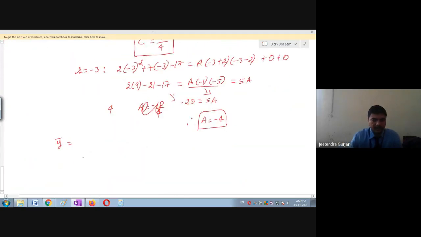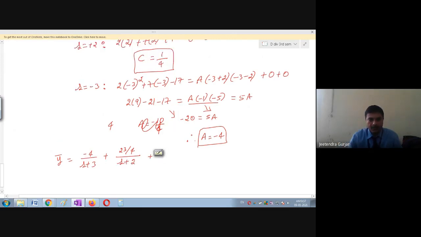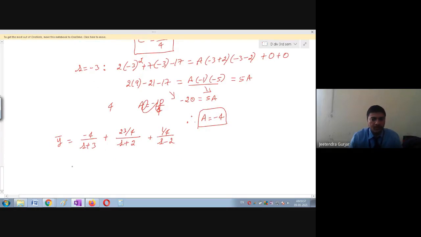So this will become minus 4 upon S plus 3 plus 23 upon 4 divided by S plus 2 plus, what is C? 1 upon 4 into S minus 2. So this is the partial fraction what we get, students. Now what you are going to do, apply.